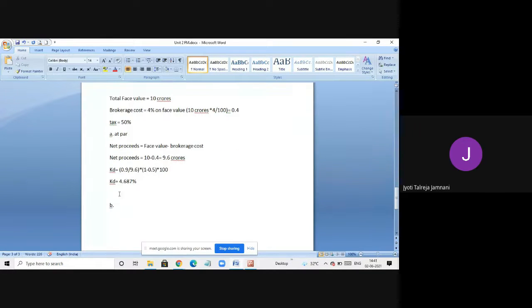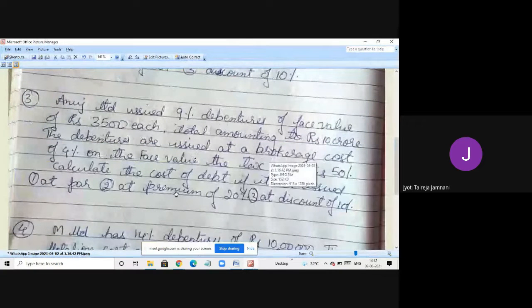Let's do the second part, that is just highlight. This is at par. Now we'll do it at premium. Let's see how much is the premium. Premium of 20%.